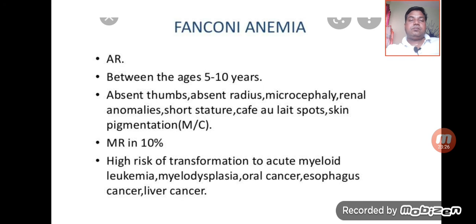There are absent thumbs, absent radius, microcephaly, renal anomalies, as well as short stature, and café-au-lait spots and skin pigmentation are the most common findings. Mitral regurgitation is also seen in 10% of cases, and there is a high risk of transformation to acute myeloid leukemia or myelodysplasia, and oral cancers, esophageal cancer and liver cancer are also seen in this condition.